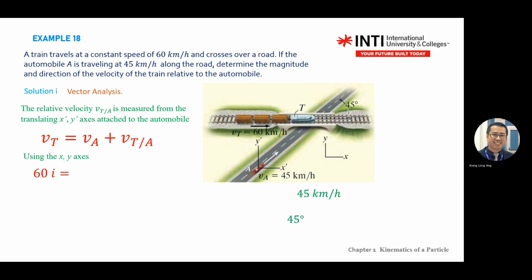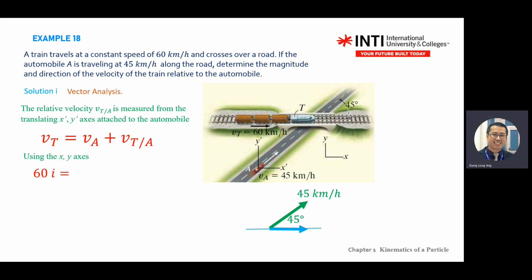This one is 45 sin 45. We derive this from trigonometry, sine and cosine, and then we are able to find the x. So your V A can break into two, like what I wrote on the whiteboard.